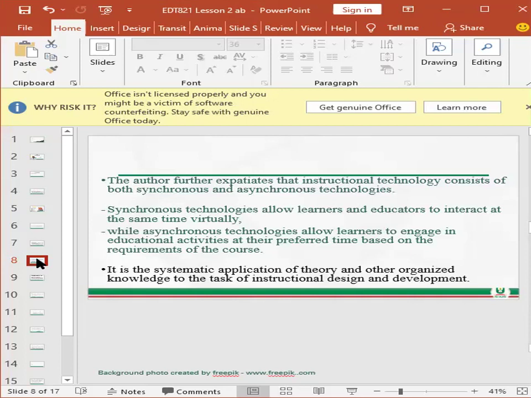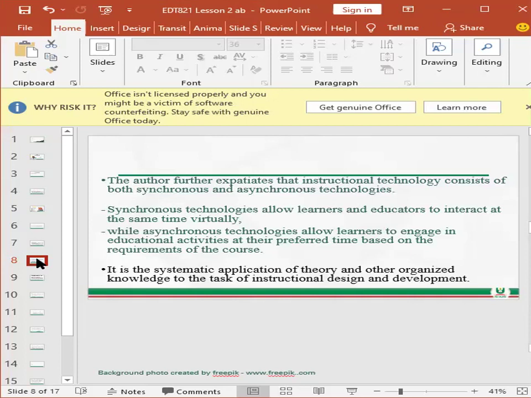So it allows learners to engage in educational activities at their preferred time based on the requirements of the course. It's expected to even send this ahead, days before the virtual meeting.